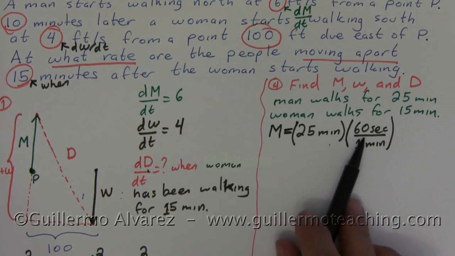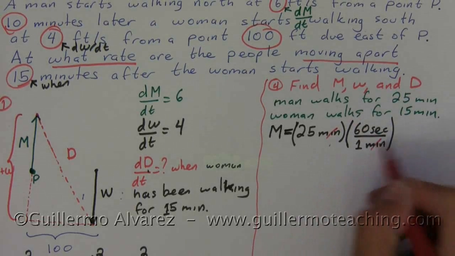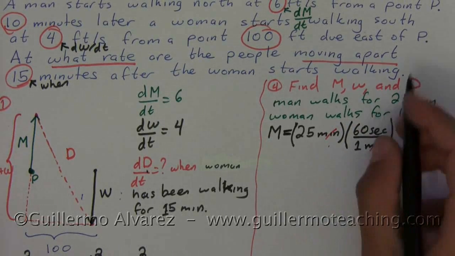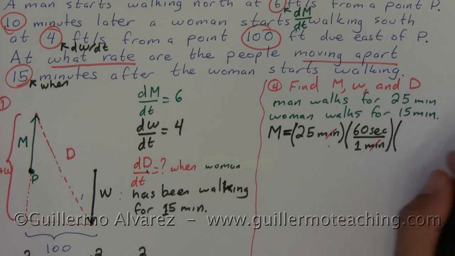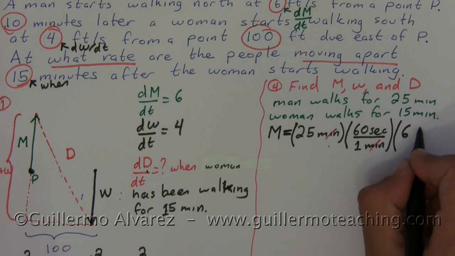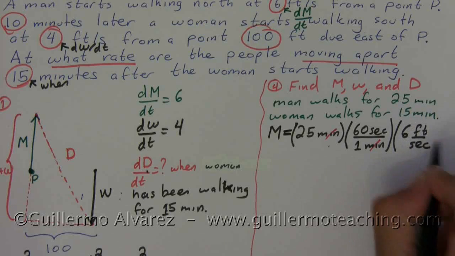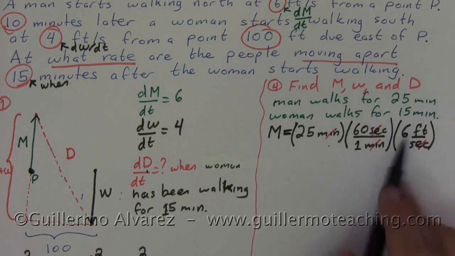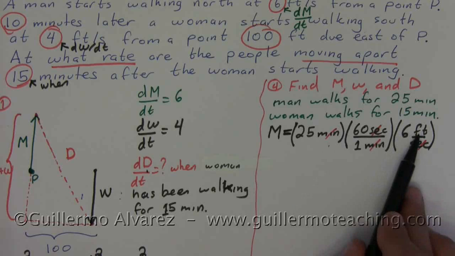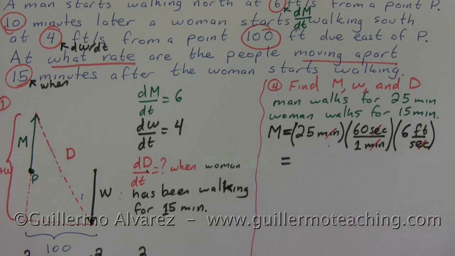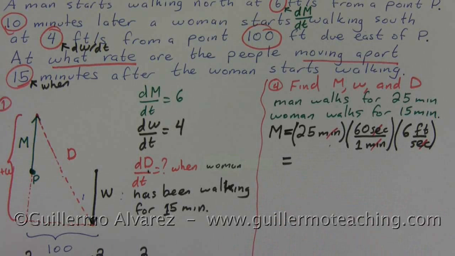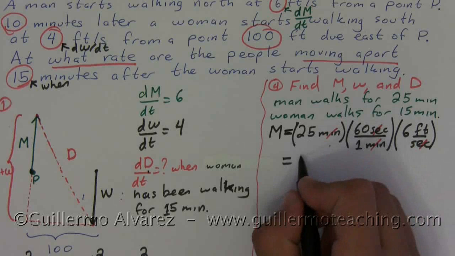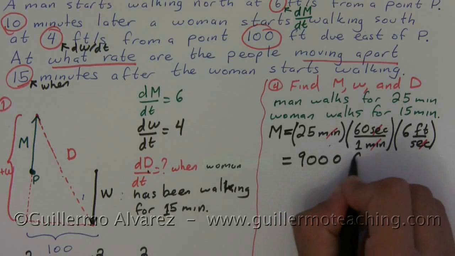So I can convert it by multiplying by 60 because the minutes are going to cancel. And I'm going to multiply this by 6 feet per second. And notice that after this, the only unit left over is feet. And so this tells me that it's correct.